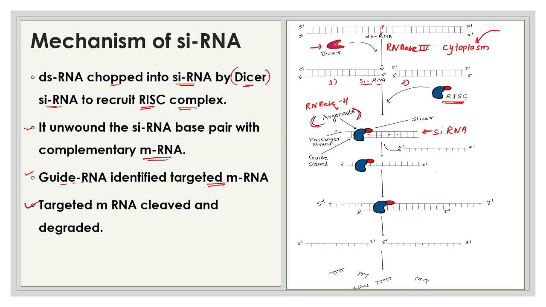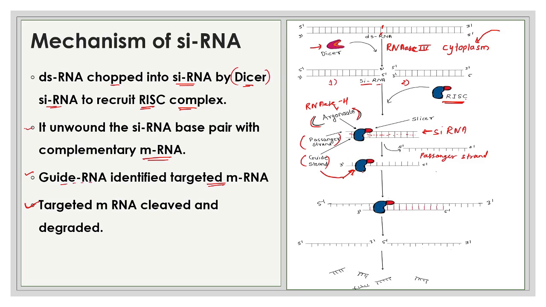When the double-stranded siRNA is unwound, one strand acts as the passenger strand and the other acts as the guide strand. When the helicase activity is done by the RISC assembly, the passenger strand and guide strand separate. The passenger strand leaves the assembly and the guide strand remains in the RISC complex.